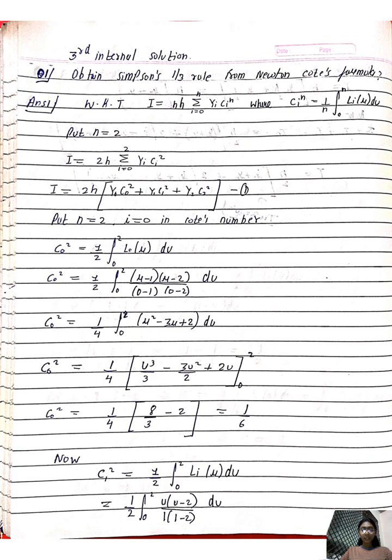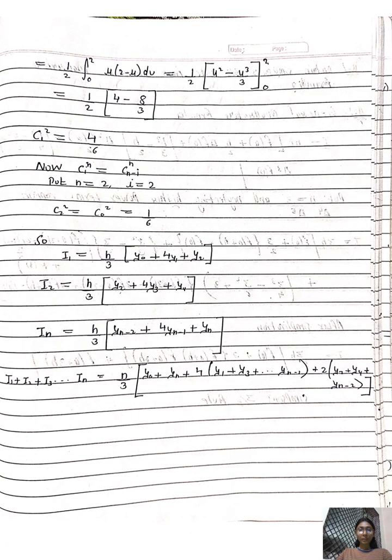Now put n is equals to 2 and i is equals to 0 in the Cotes number. Then we get c0 square is equals to 1 by 6, and when we put the value of i is equals to 1, then we get the value of c1 square is 4 by 6, and now we put the value of i as n.